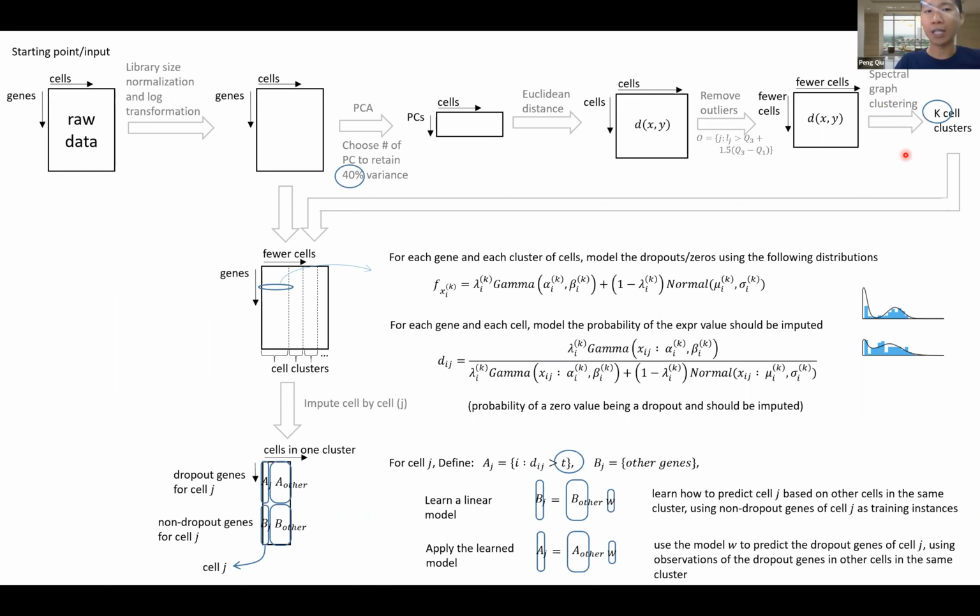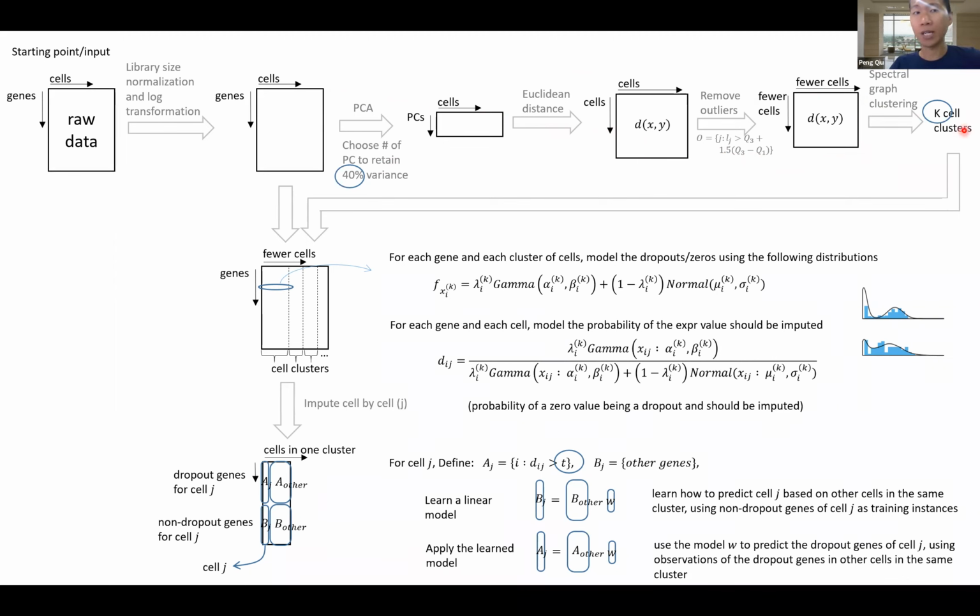But I would say that for this part of the pipeline, we actually don't have to follow their approach. If we just follow the standard Seurat clustering pipeline, it's actually also okay.